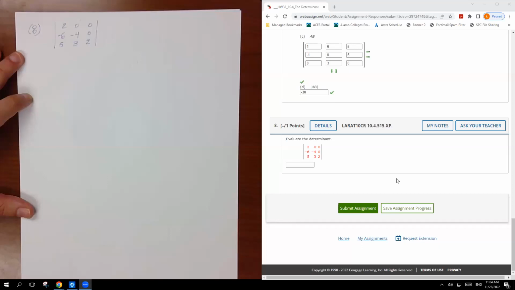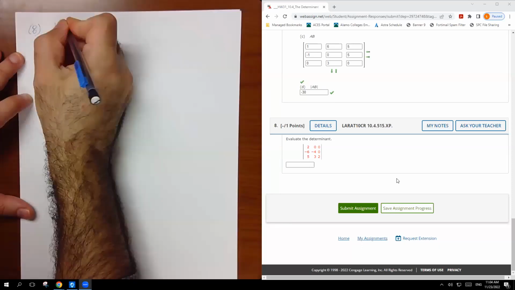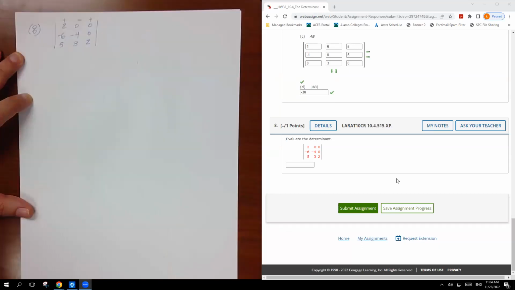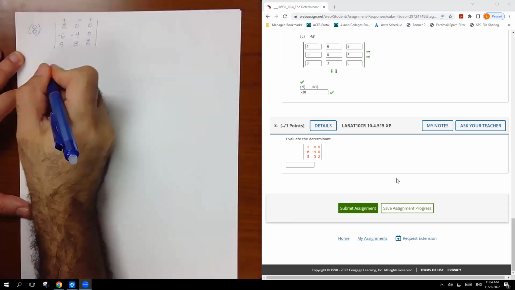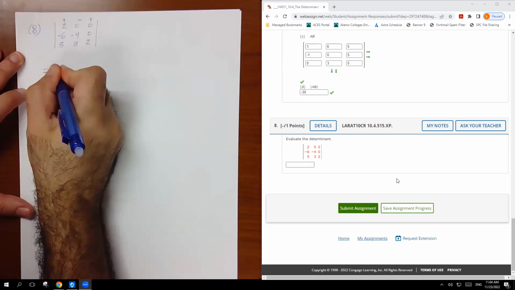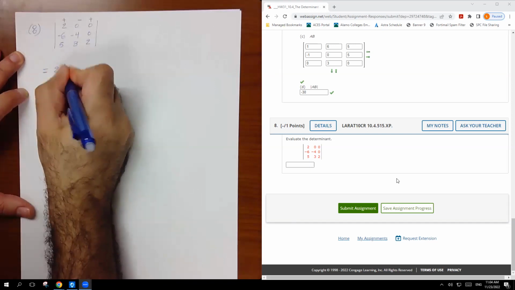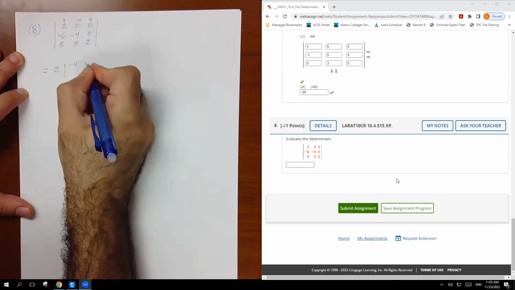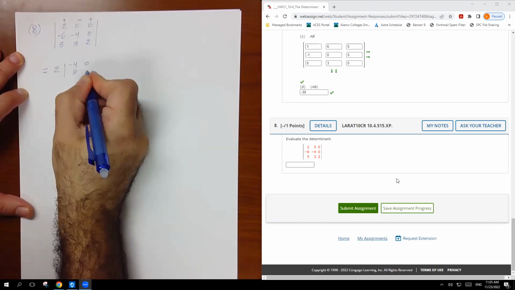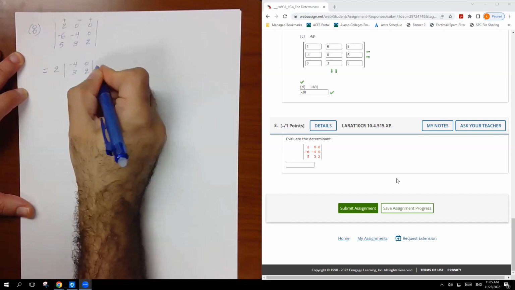The first thing, this is a plus, minus, plus. So I'm going to start with the first element. So the determinant for this matrix is going to be equal to, cancel this row on this column, so it's going to be -4, 0, 3, and 2. Minus 0.